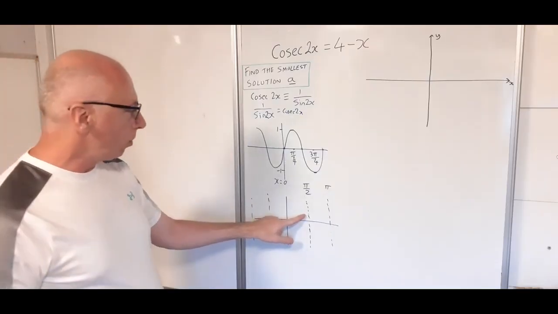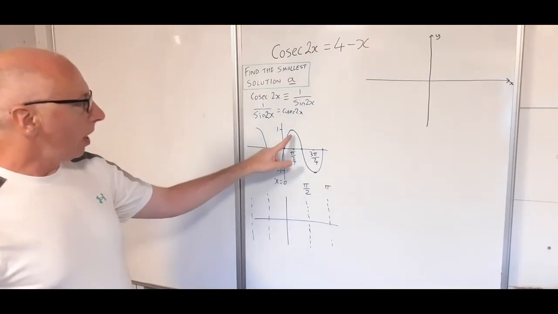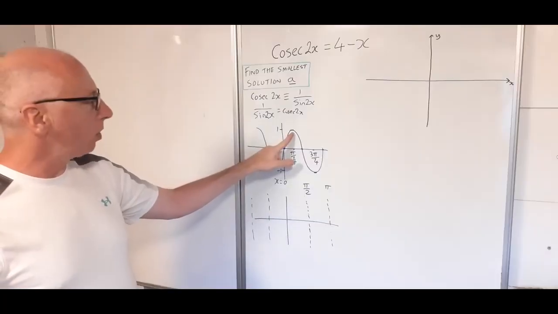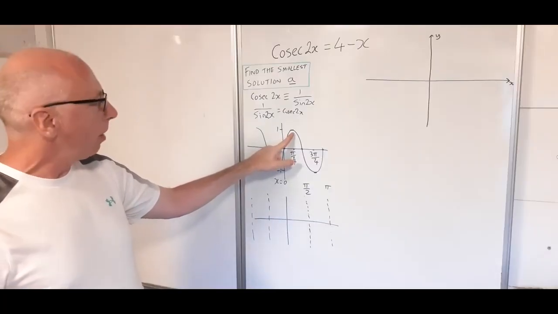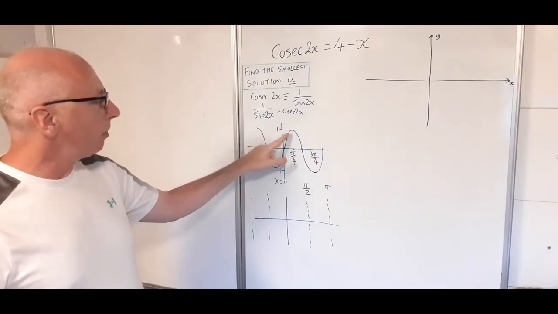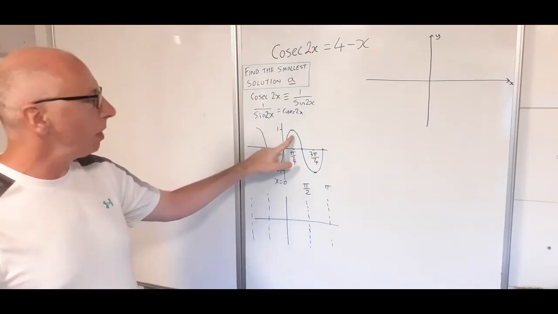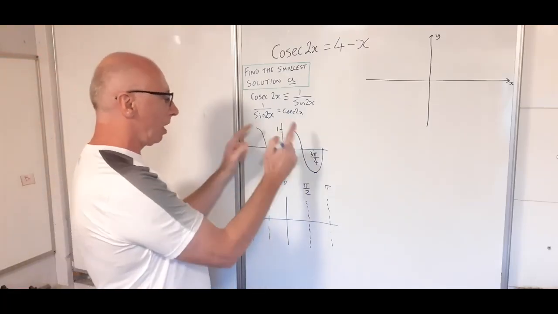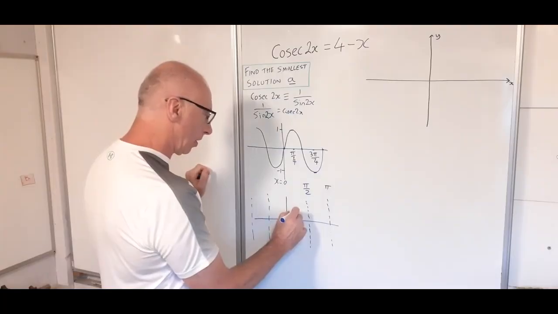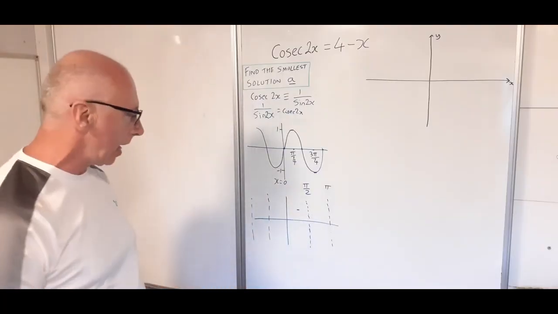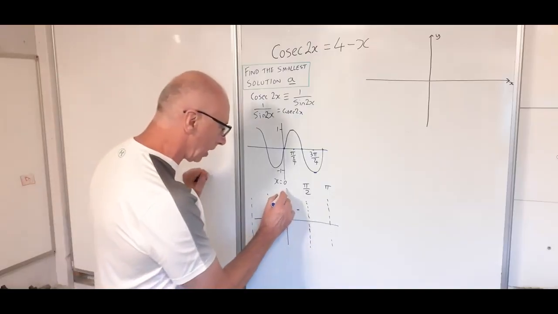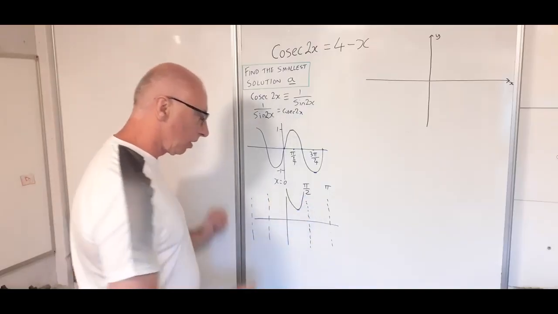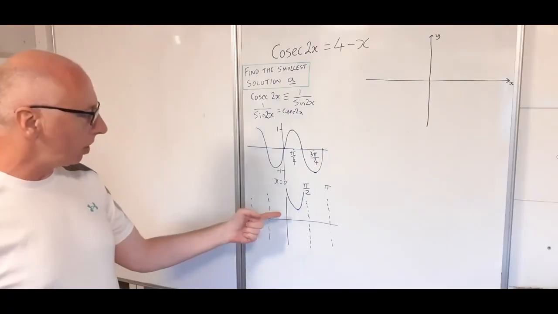So here the graph will not exist. Here I've got my local maximum. Now a local maximum for sine of 2x will become a local minimum for cosec 2x. If I do 1 divided by my 1, I still end up with 1. So that will be at that point there. That's going to be a local minimum. So this graph is going to go something like that, just as a brief sketch.